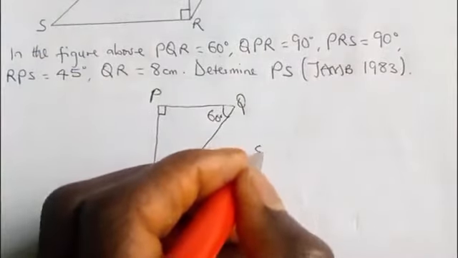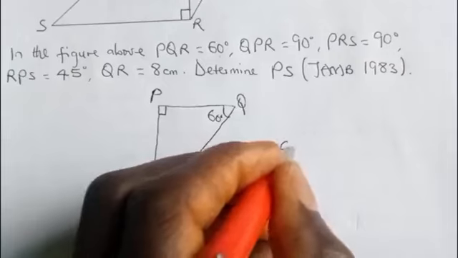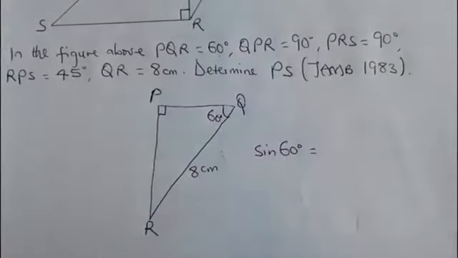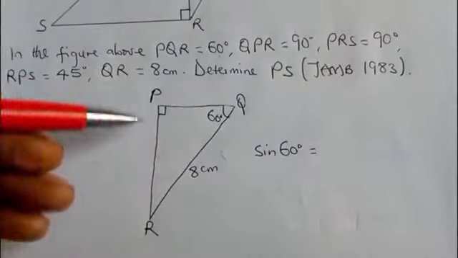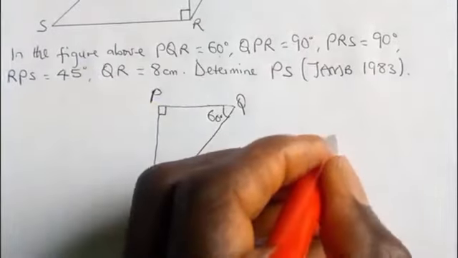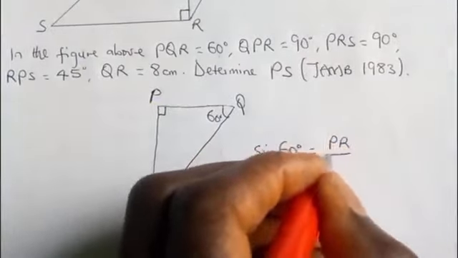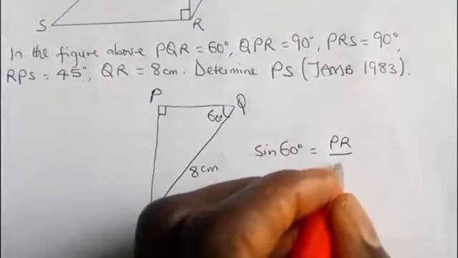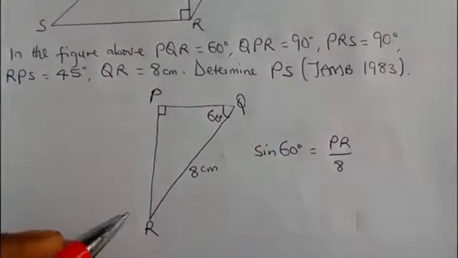So sine 60 degrees is equal to opposite over hypotenuse. And side PR, which we are looking for, is a side that is opposite to this angle. So we have PR divided by the hypotenuse here, which is 8 centimeters.